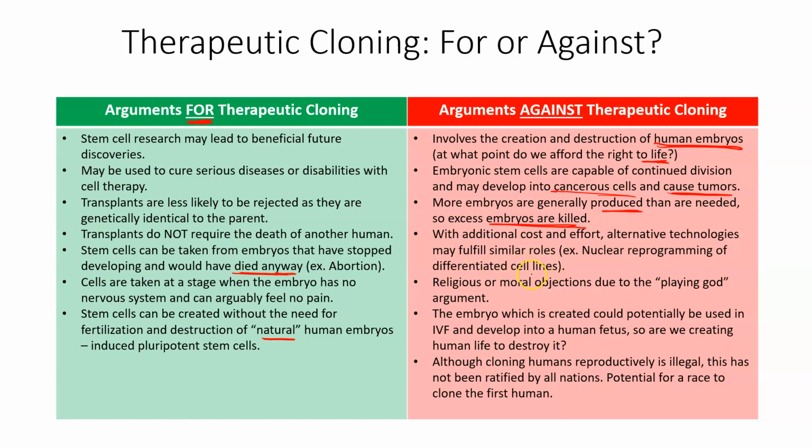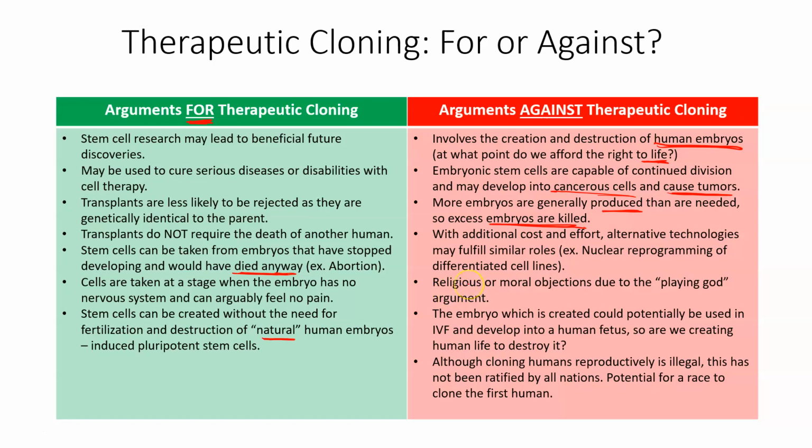So lines of cells that have already differentiated and specialized, but going into the nucleus and reprogramming them to become something they're not. So if we can put all of this time and effort and cost into learning how to reprogram cells, maybe we don't need to go down a path of producing embryos to kill them, if all that really needs to happen is just to reprogram the computers, so to speak, that are already there.